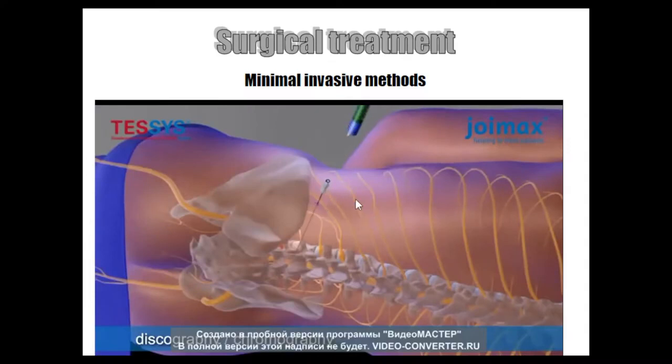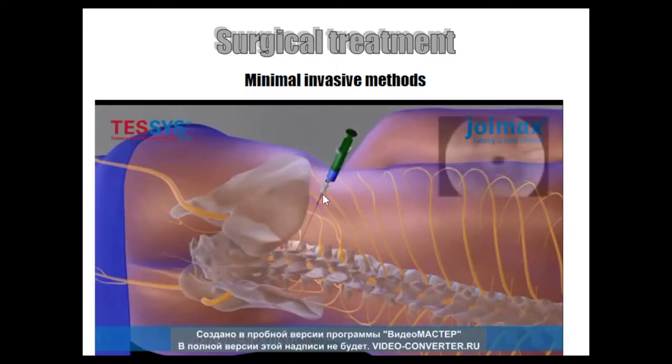The doctor in that video put the needle on the first try, but in real life it is not so simple to put the needle exactly at the point where it should be. So usually you spend some time to find the intervertebral foramen.